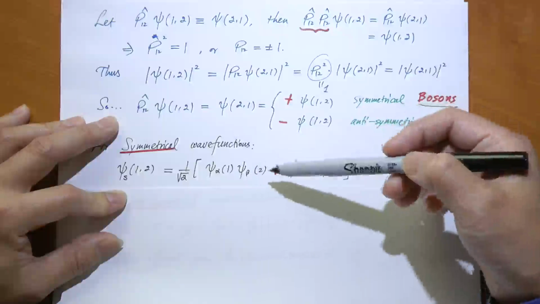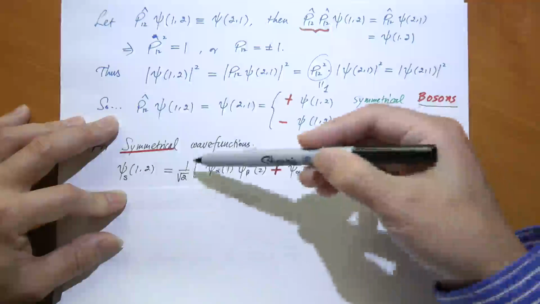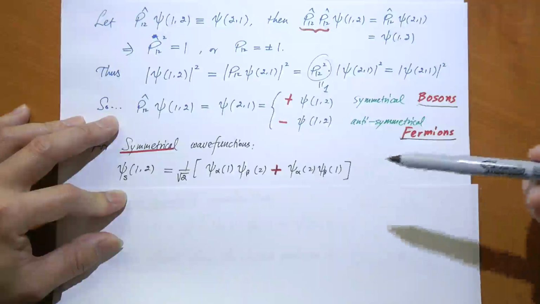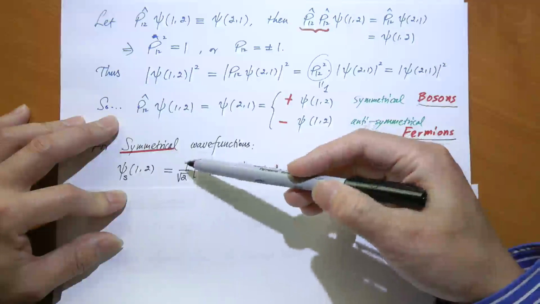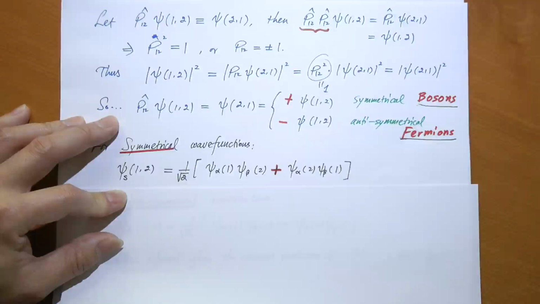The system can only be in either of these two states, and therefore amplitude 1 squared plus amplitude 2 squared equals 1. Therefore, each amplitude is the square root of 1 over 2, so that the modulus squared sum up to 1. It's just a matter of normalization. I mean, it's just an overall constant.